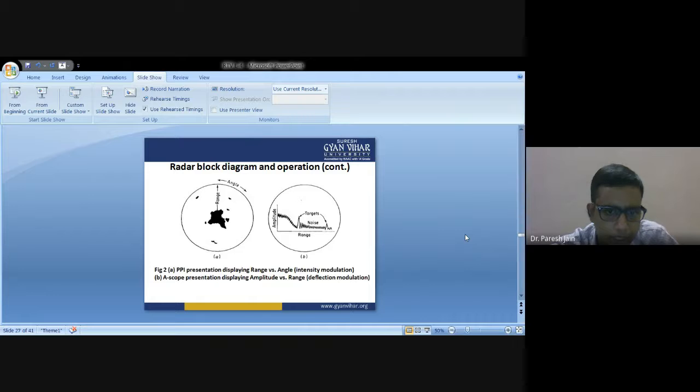Figure A is the PPI presentation displaying the range versus angle in the intensity modulation. Figure B shows a scope presentation displaying the amplitude versus range, that is the deflection modulation.